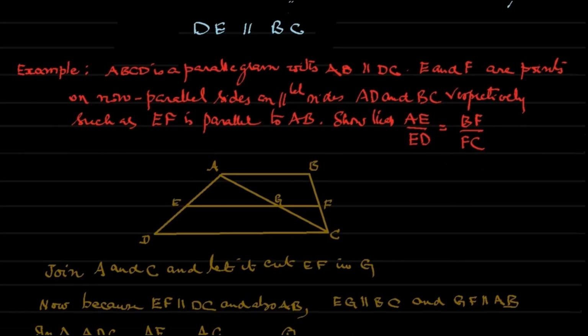Now we have some examples here. ABCD is a parallelogram with AB parallel to DC.